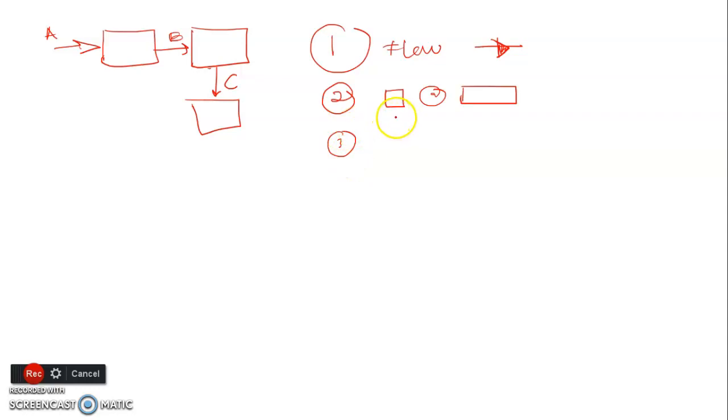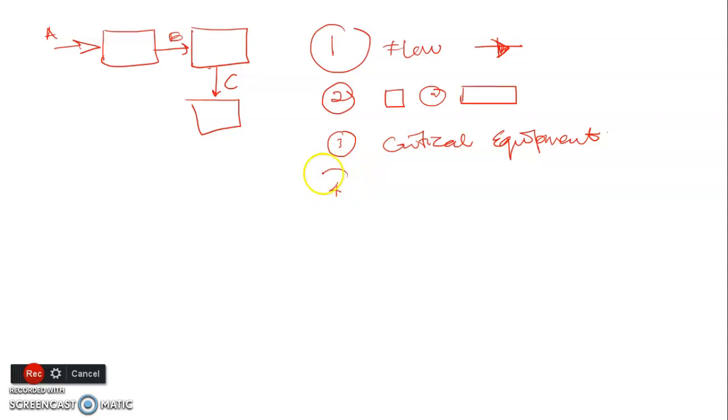Only critical pieces of equipment are shown. Critical equipment only. Okay, and then flow shown with arrows. Macam ni lah, kena ada arrows. And not all streams are shown dalam BFD.